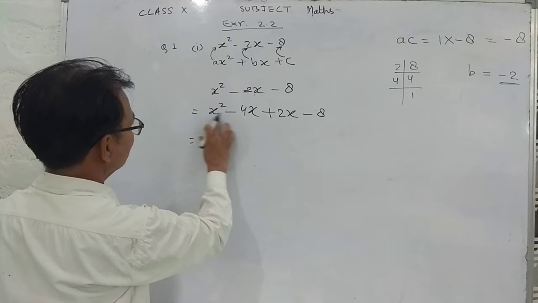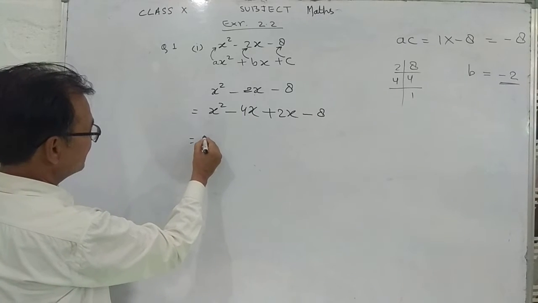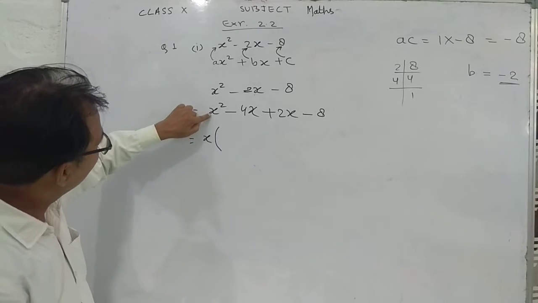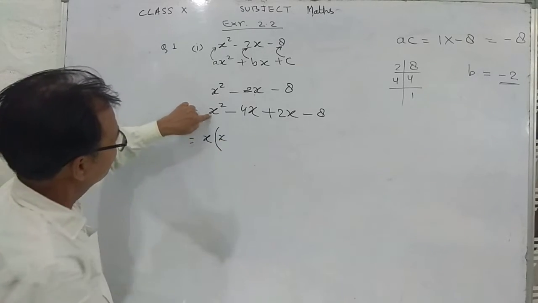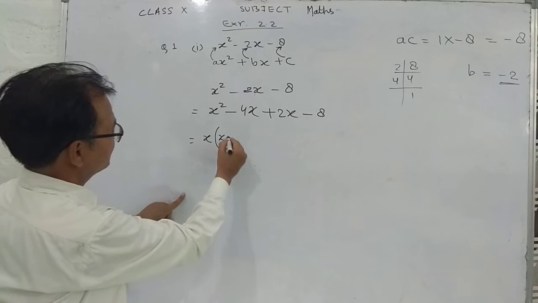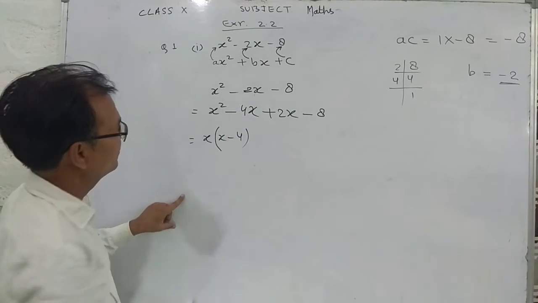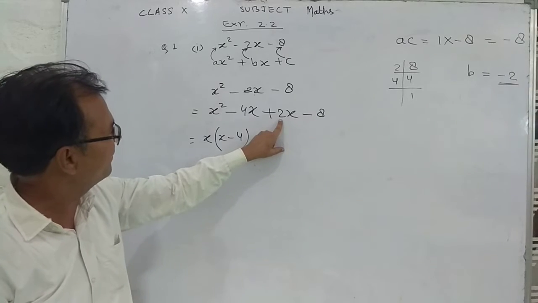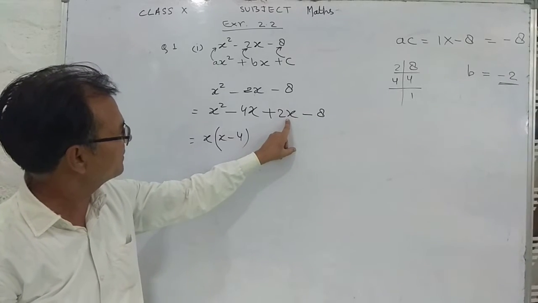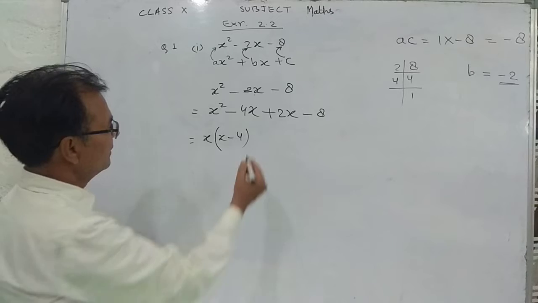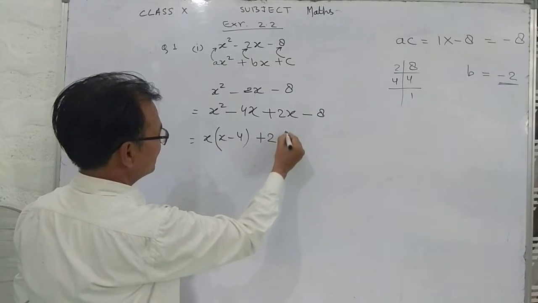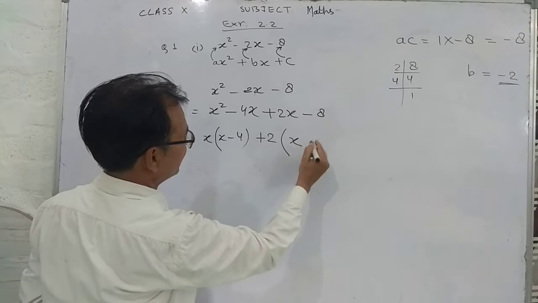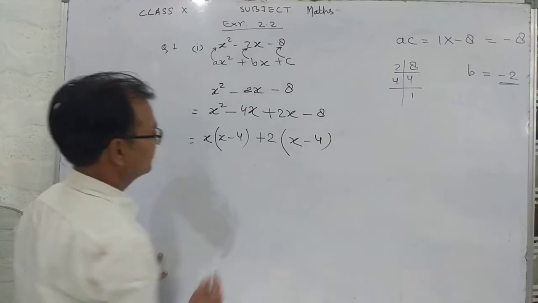Now here we have x as a common factor, and the left term is x here and minus 4 here. And in these two terms we have positive 2 common, the left factor here we have x and here we have minus 4.